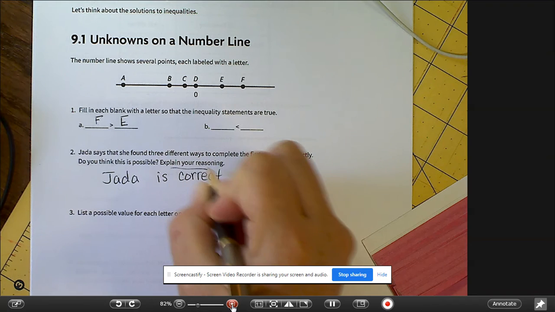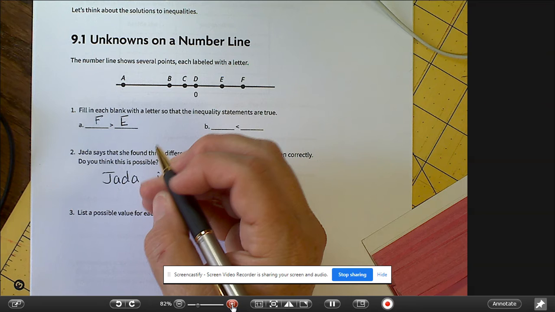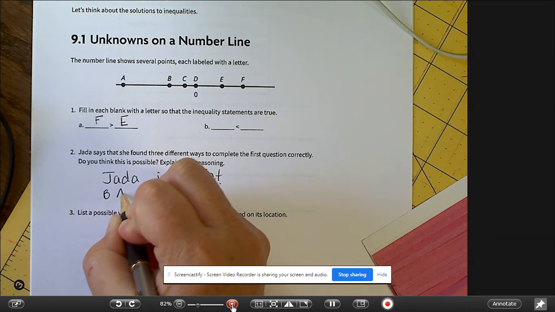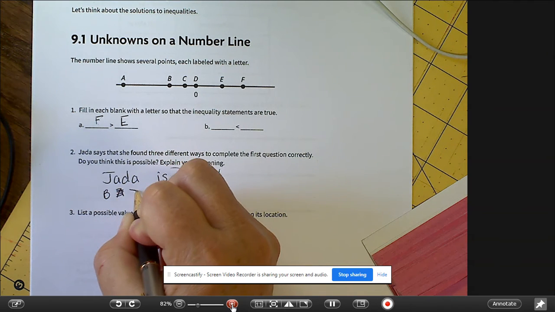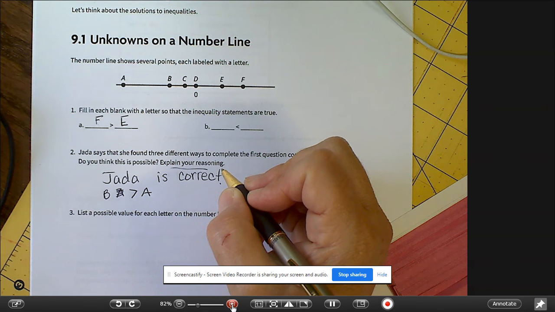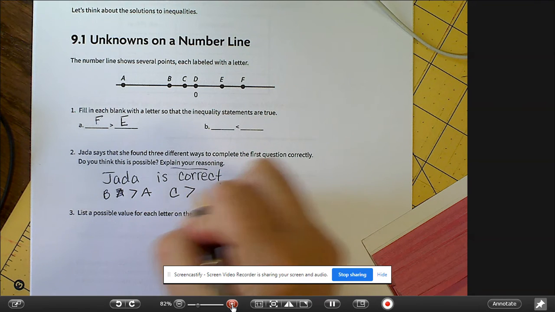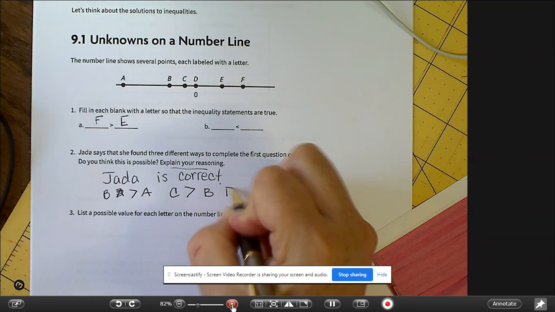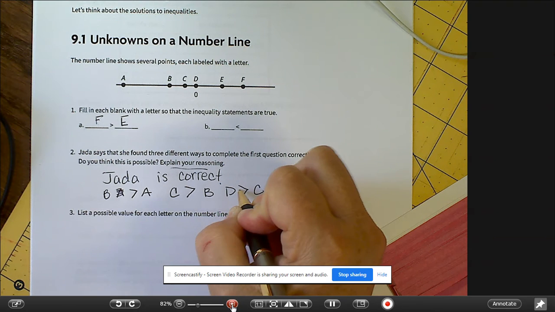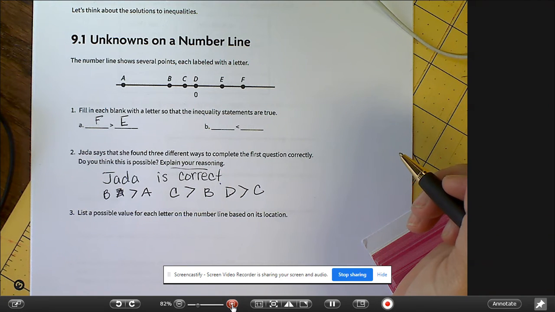And then when it says explain your reasoning, you should show some examples. So we can do B is greater than A. You could say C is greater than B, and D is greater than C. Anything you put there that is to the right of the second number.